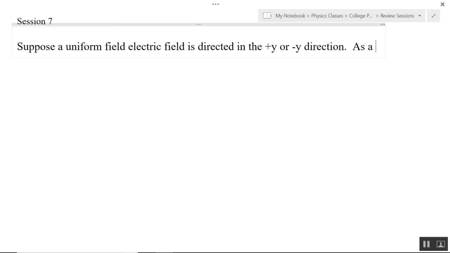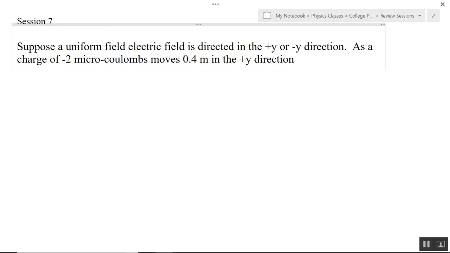I don't even know how this is going to work out, but we'll see. Okay, so as a charge of, say, minus 2 microcoulombs moves, let's say, 0.4 meters in the positive y direction, its speed changes from 5 meters per second to 20 meters per second, due to only the electric force.